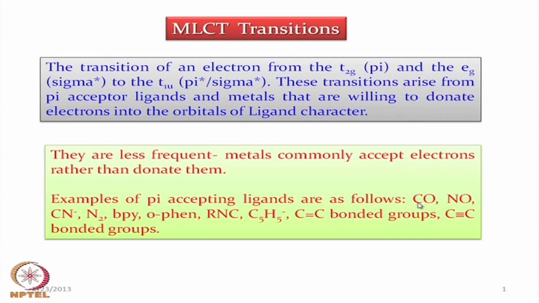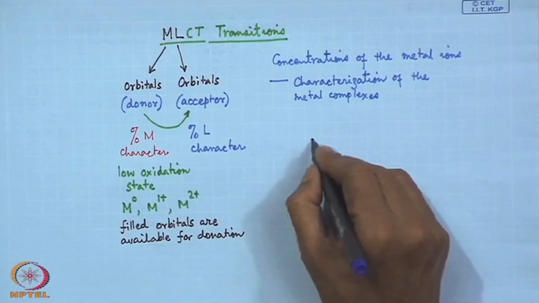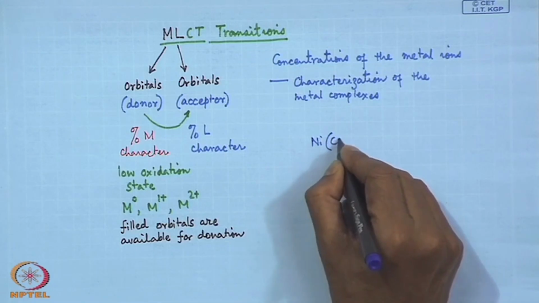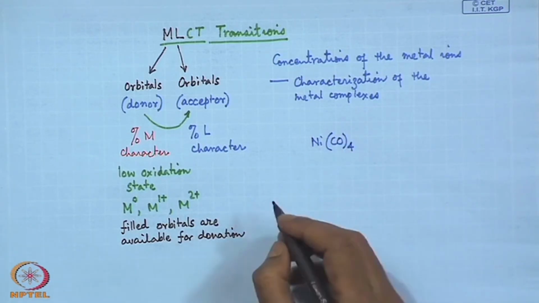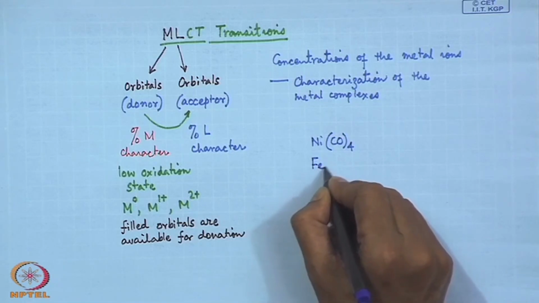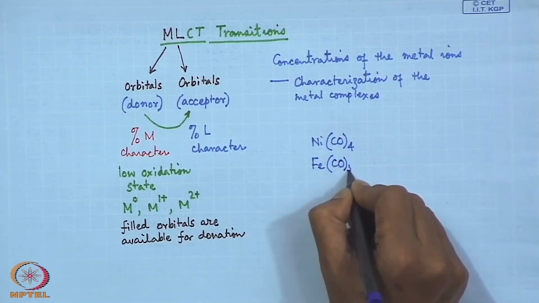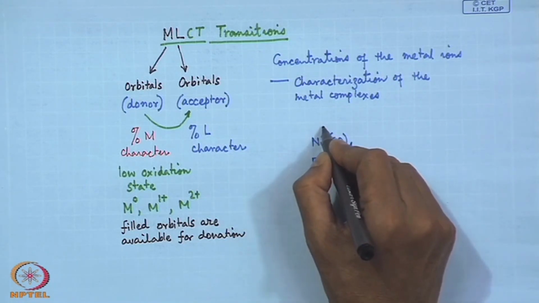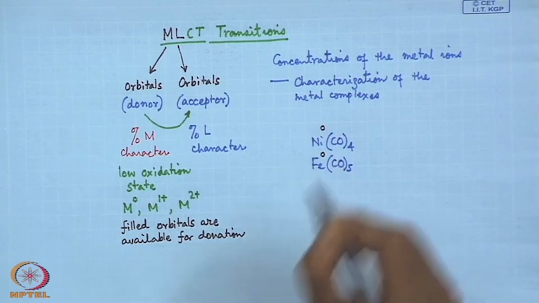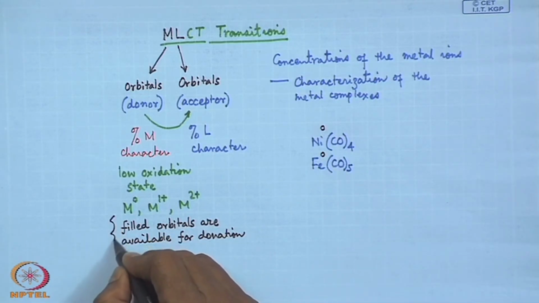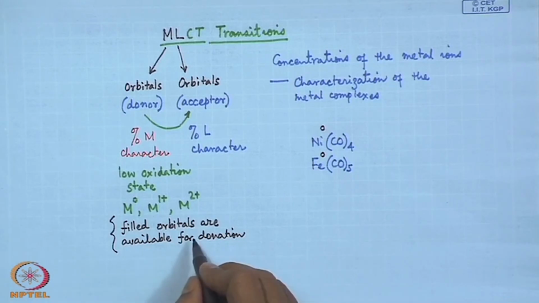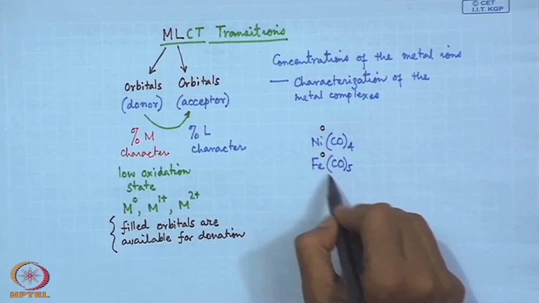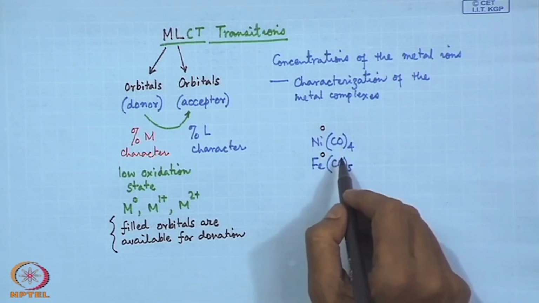If we have carbon monoxide as the ligand, nickel can form very nicely the tetracarbonyl nickel 0 compound, or iron can form the pentacarbonyl iron 0 compound. The metal center is in zero oxidation state, so it has a large number of filled orbitals available for donation to orbitals of ligand character.